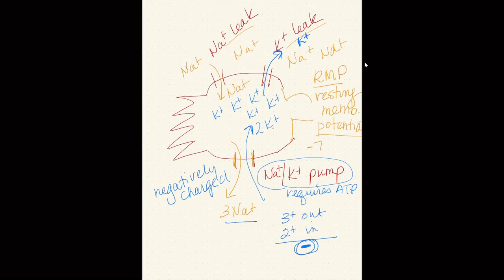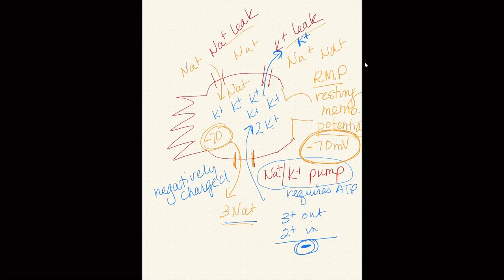Overall, the inside of the cell is negatively charged, and the magic number is negative 70 millivolts. The sodium potassium pump is active transport. It's pumping 3 sodium out and 2 potassium in constantly. That gives us a negative 70 charge inside the cell.